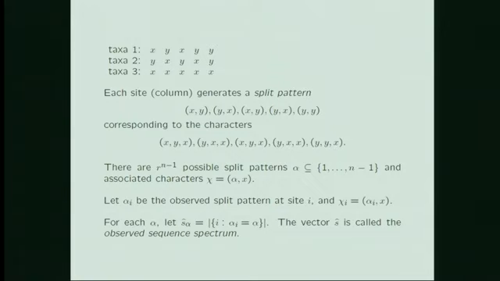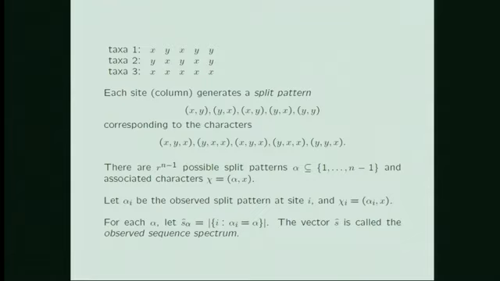That gives a convenient way of identifying the split pattern by the subset of taxa 1 through n minus 1 that have the opposite character, or a character different from taxa 3, in the case of r equal to 2.